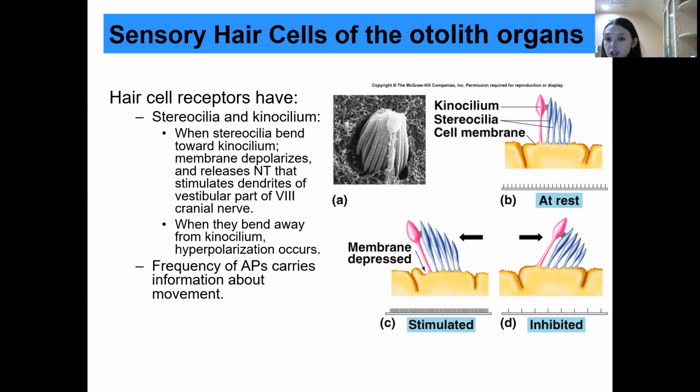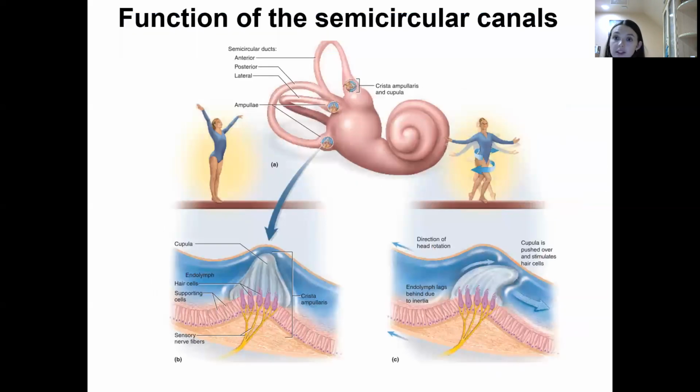Due to the depolarization, the cells release neurotransmitter, which stimulates the dendrites of the 8th cranial nerve and produces excitation, and the excitation spreads.